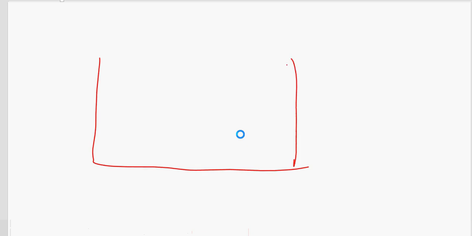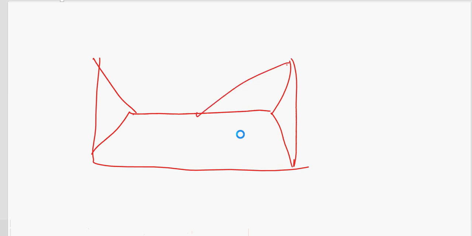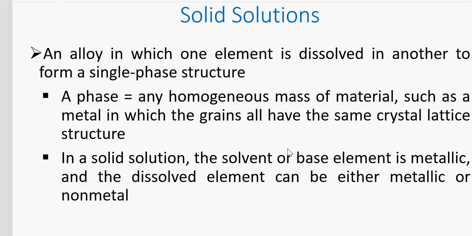Let me give you an example. This is a phase alpha, this is another different phase beta, and this is another alpha. So this example is alpha and beta, because we only have one single phase there. Are we together, please?